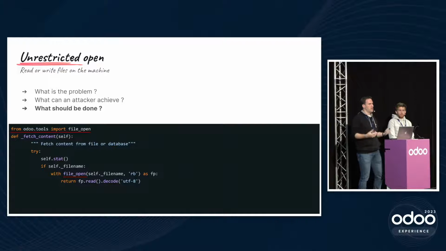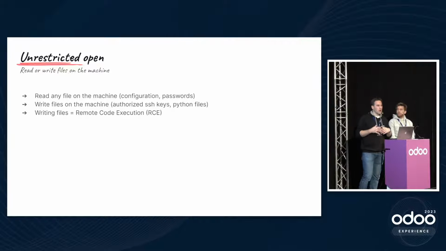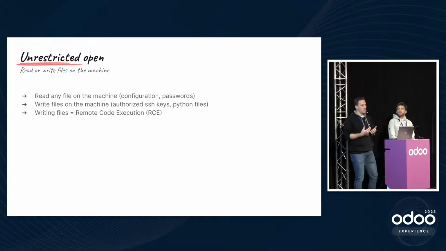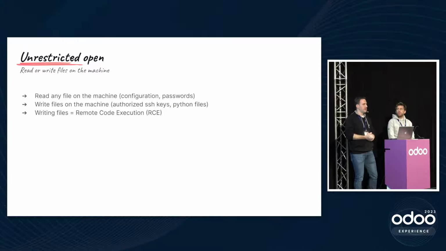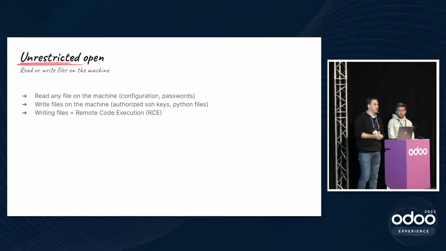They could do many more disruptive things, like read all your secret keys that are stored in configuration files and so on. Worse than that, often you are capable of doing more than reading files. It is possibly a way of writing files as well. And writing files in such a multi-tenant environment is equivalent to a remote code execution, because as soon as you can write files on the disk, there is a good chance that you can modify a Python source file.